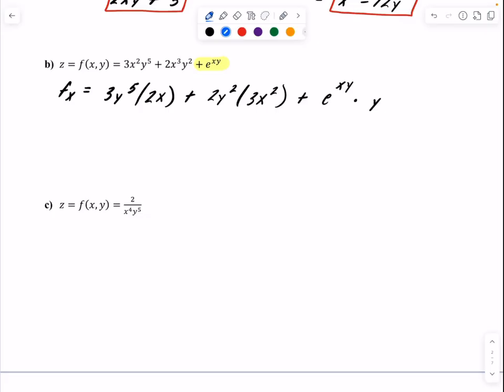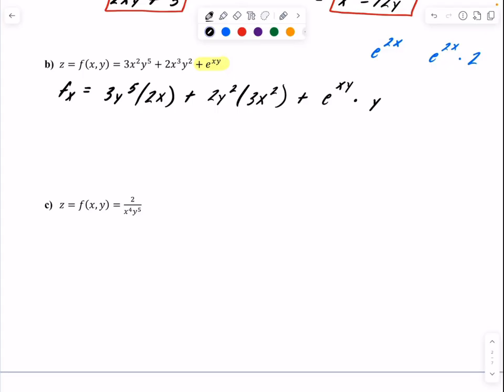Think of this as if you had e to the 2x, where 2 is acting like our y. When you take the derivative of this, it's e to the 2x times 2, because that's the derivative of the exponent. In our case, y is 2. It's just some constant.